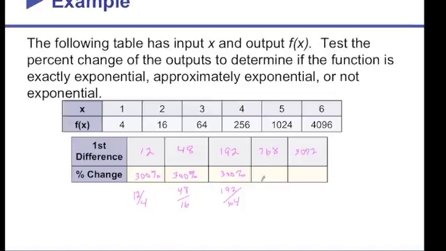The change, 768 divided by the 256 that it was first, is again 300%. And 3072 divided by 768 is again 300%. So because they are the same, this will be exactly exponential.